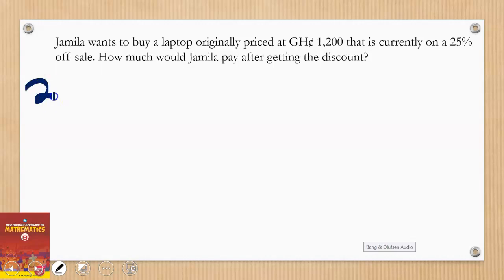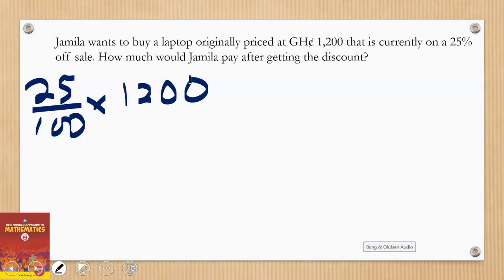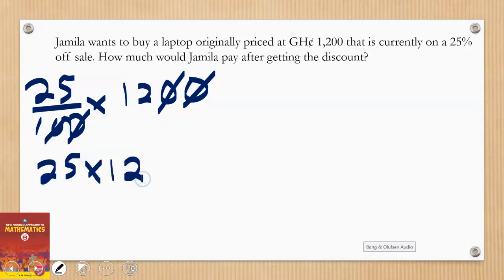Once again, we do 25% times 1,200, being the original price. If we do simple cancellation, we are going to have 25 times 12, which I know you can easily do, and that will give you 300. Now, 300 is the discount that has been given to Jamila.